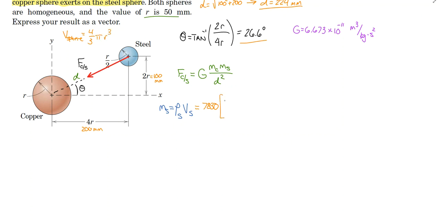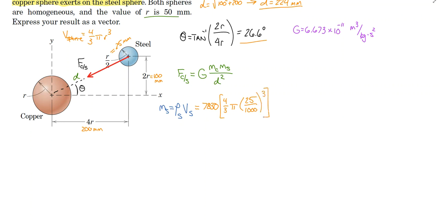So this would be 4/3 pi. The radius for the steel, note that it is given as r over 2. And so the R over 2 means that we have a 25 millimeter radius sphere. So we'll write this as 25 divided by 1,000 cubed.